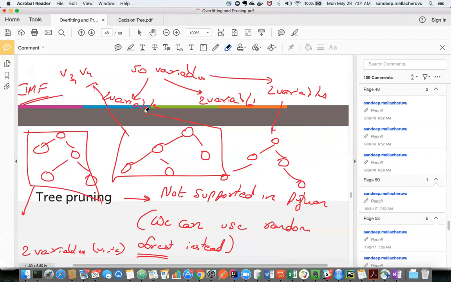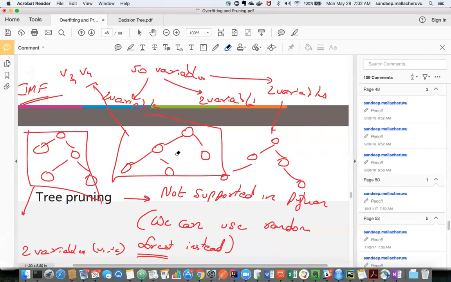There are 50 variables, but definitely for 2 variables, this is an expert. For another 2 variables, this is another expert. So each tree is an expert in something, but not an expert in everything. If you combine all these experts together, then you are going to get a better result than any single tree. That is the idea of random forest.